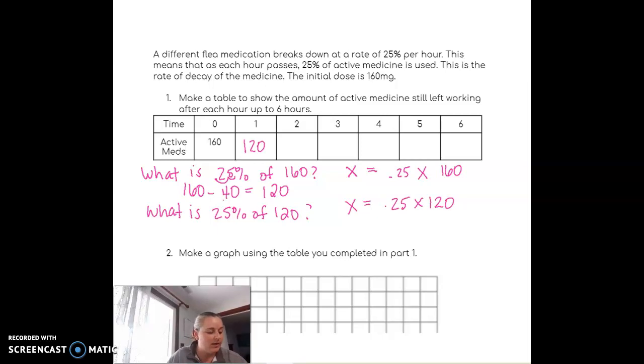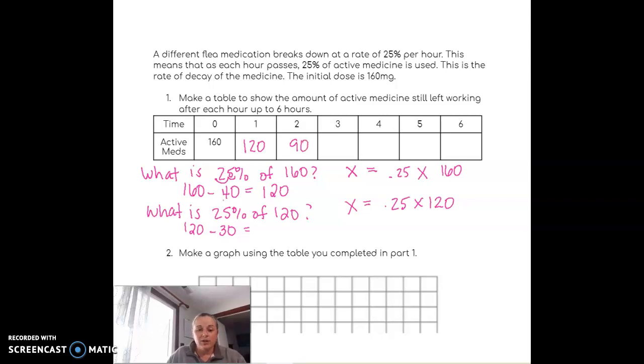With the calculator, 0.25 times 120 gives me 30. 30 is not used, so I take my 120 minus the 30, which gives me 90 still left working.